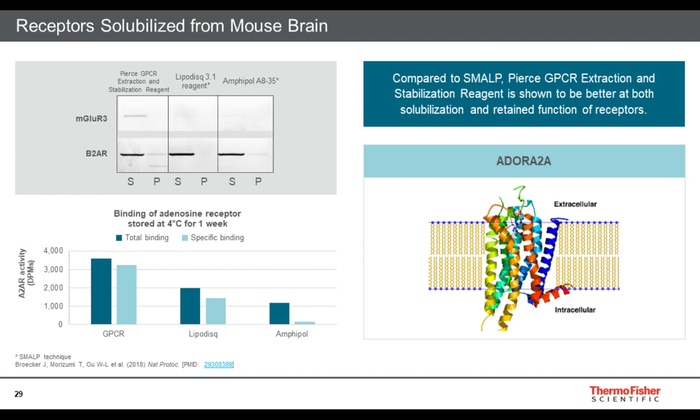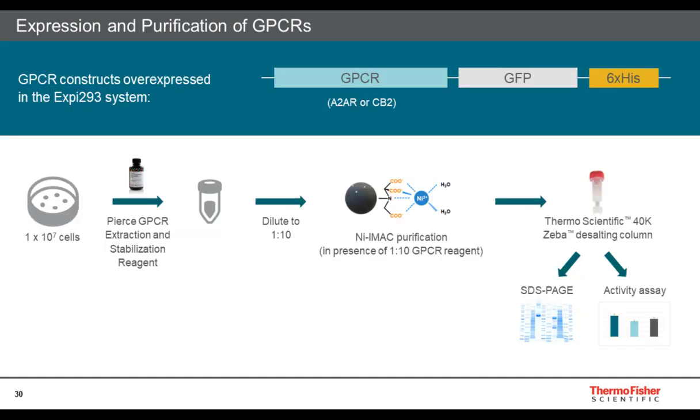Radioligand binding assays show that the extracts made with the GPCR extraction and stabilization reagent have greater than 2-fold specific activity from endogenously expressed A2AR when compared to the SMALP preps. So in this case, all methods were able to extract, all methods were able to stabilize, but the GPCR reagent performed at least twice as well.